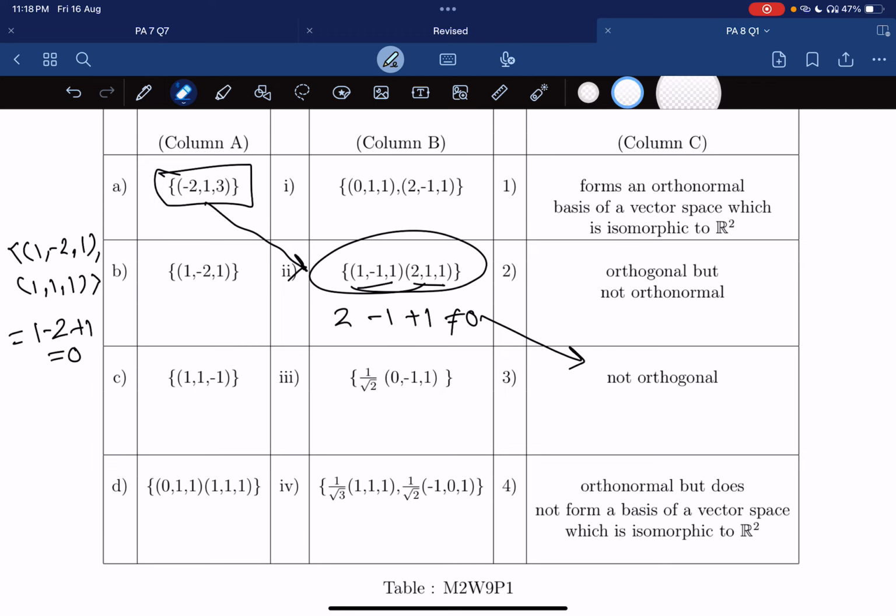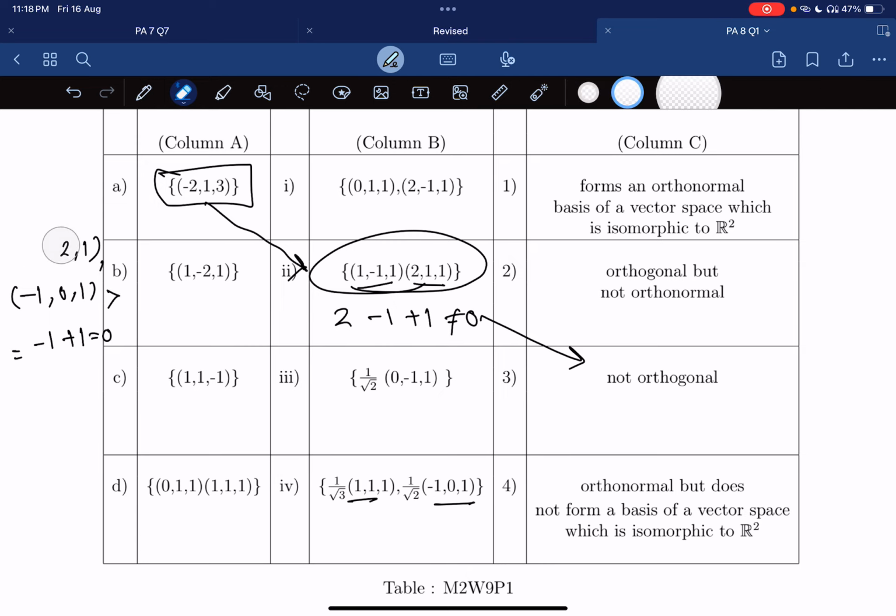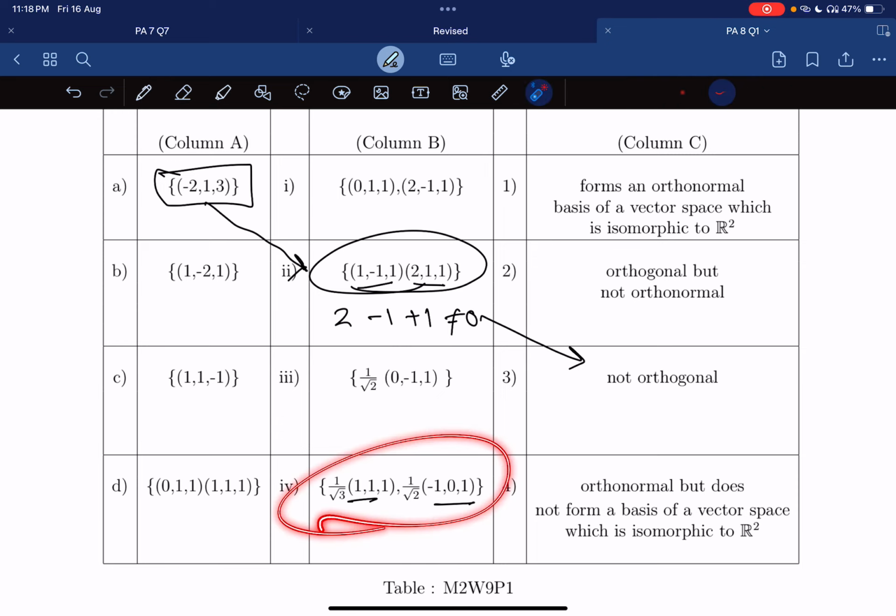So for the first vector, it is okay. Now let's check the second vector, 1, minus 2, 1 with minus 1, 0, 1, and we get minus 1 plus 1, and that is also 0. So for both vectors it is satisfied, and that means this set is orthogonal complement for this set.